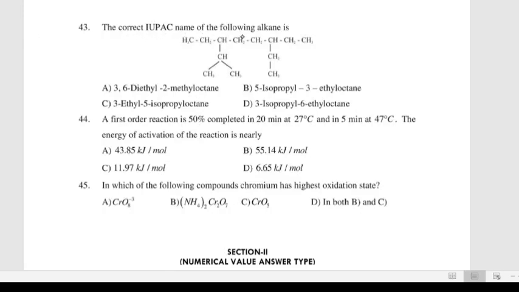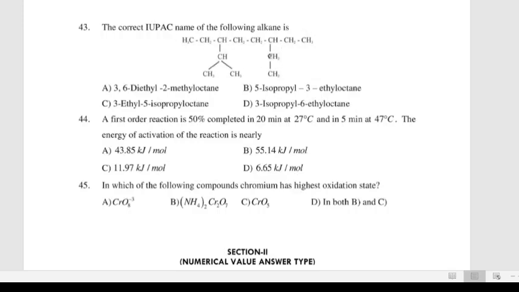The correct IUPAC name of the following alkane is.